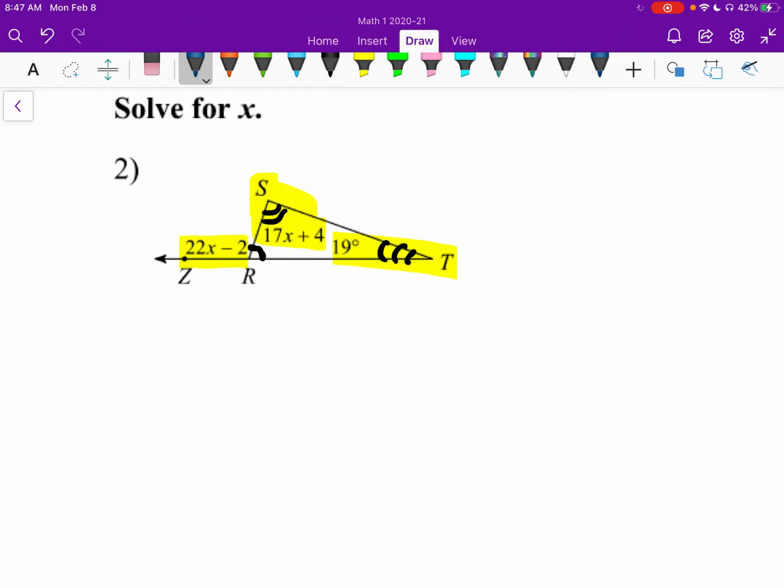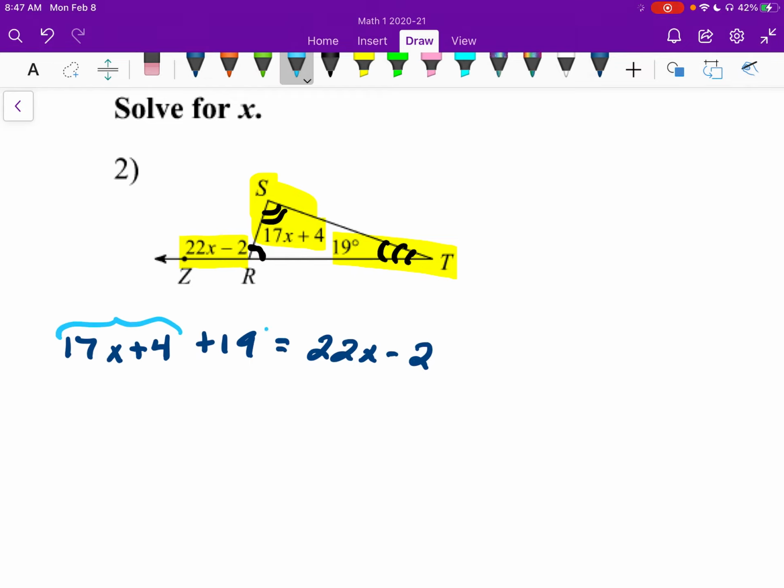So we could say that the two interior angles, 17x plus 4 plus 19, is equal to the exterior angle, 22x minus 2, right? Here's my angle S. This is S, this is T, and this would be angle ZRS. It would be that angle there.